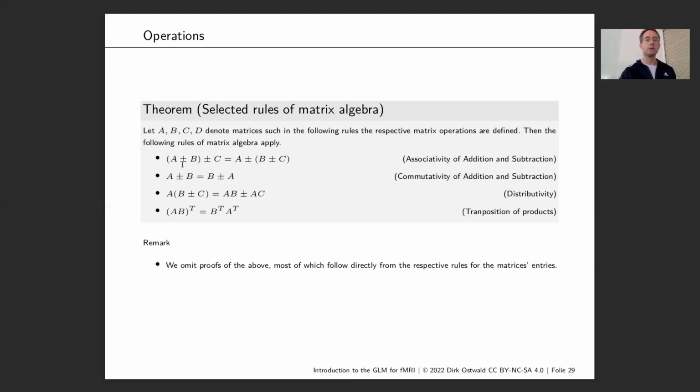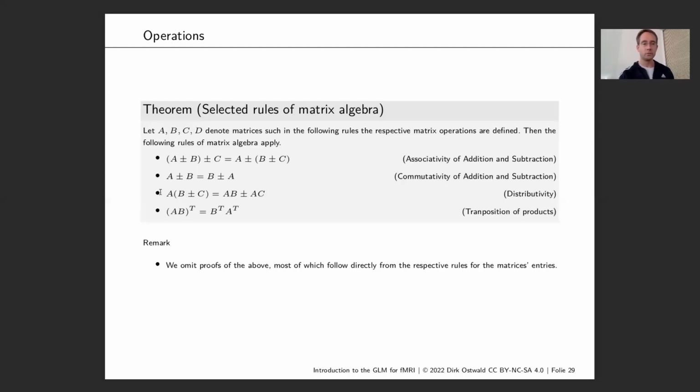It doesn't matter whether you first add A and B and then add a matrix C, or first add B and C and then add a matrix A, because that's happening all at the level of the elements. You know that 2 plus 3 is 5, plus 7 is 12, but you can also do 7 plus 3 first, plus 2, and then you get 12. Addition and subtraction are also commutative, as are these element entries.